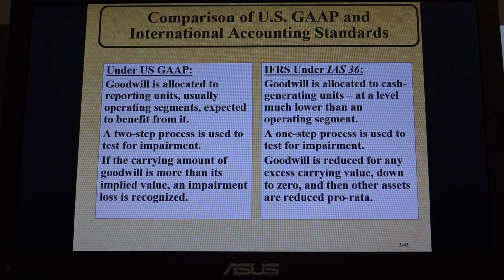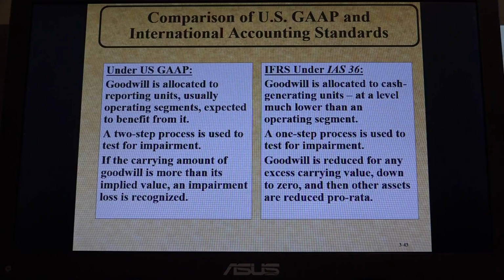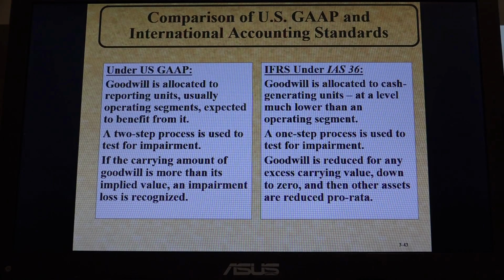Now notice here that under IFRS, they allow you to reduce assets pro rata if those values have decreased, whereas the only thing we're doing with our assessment is determining the value of the goodwill as compared with its carrying value.